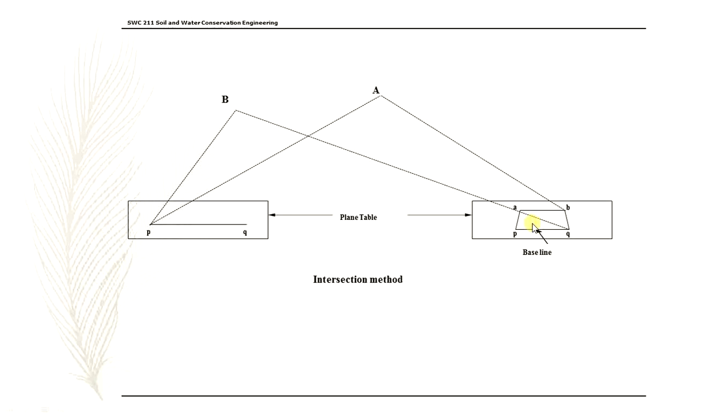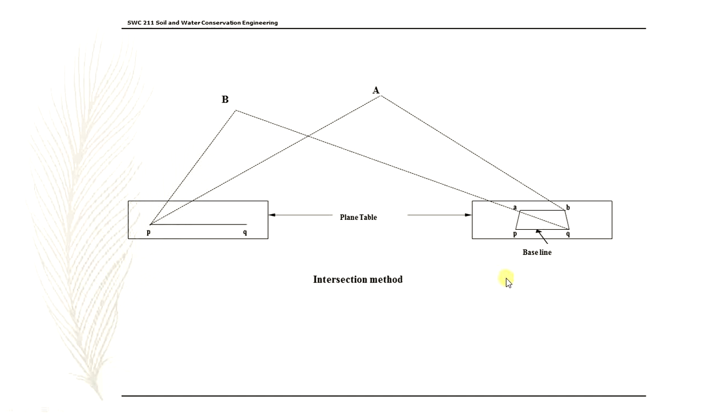It is very useful if the location is mountainous, hilly, or in a ghat section, or if a river, lake or canal is disturbing the taking of the survey. This is a very useful method, the intersection method. We have to take two stations P and Q. First we sight PA and PB.